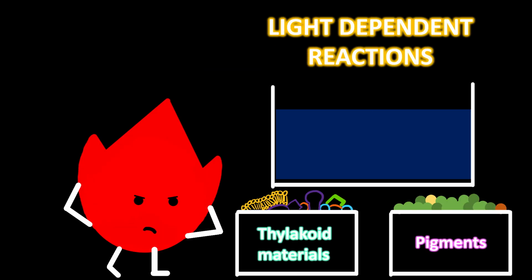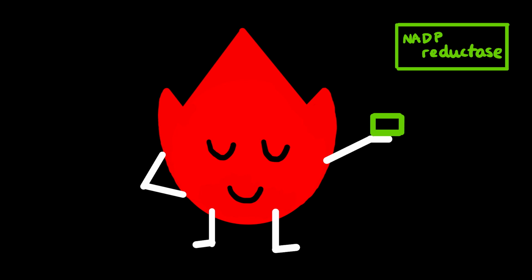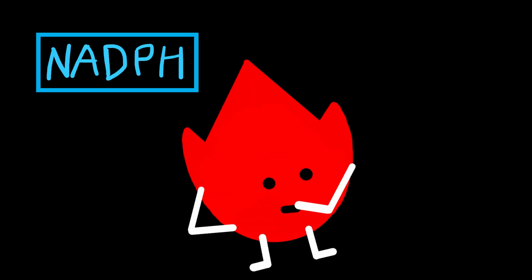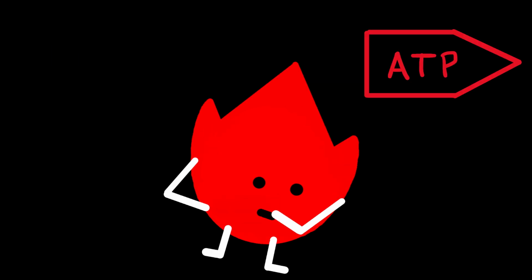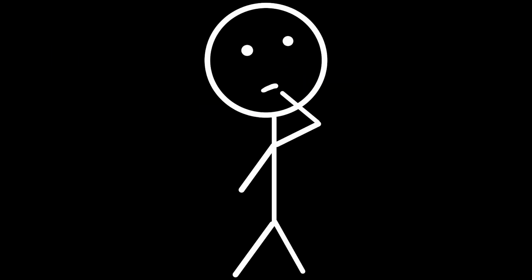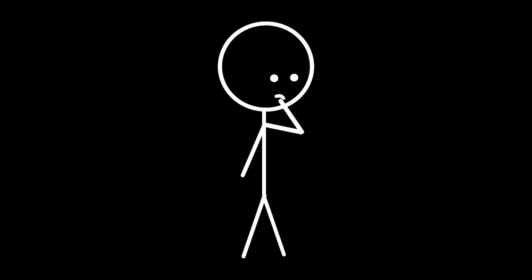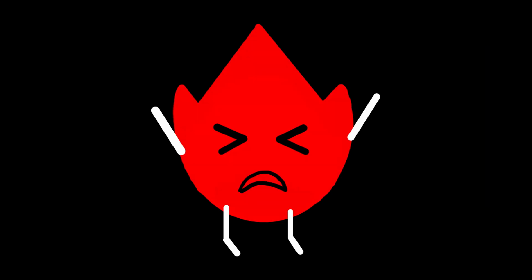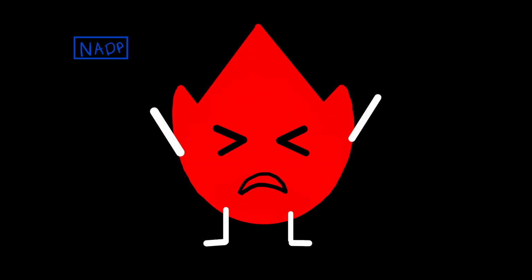Oh, look! I found NADP reductase and ATPase. They can make NADPH and ATP, right? Yeah, but we need to figure out how to use them. Let me try to remember. NADP reductase reduces NADP. What do you mean by reduces NADP?